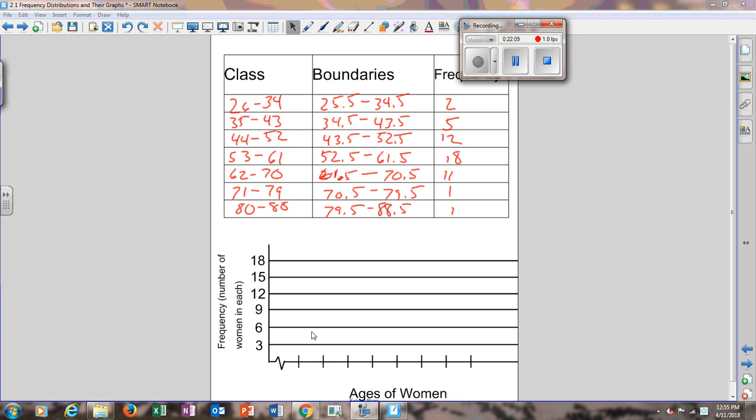Okay, this is what your table should look like. Now it doesn't say whether we use class marks or class boundaries for this, so you can do whichever one you want. I'm going to go ahead and use my class boundaries.